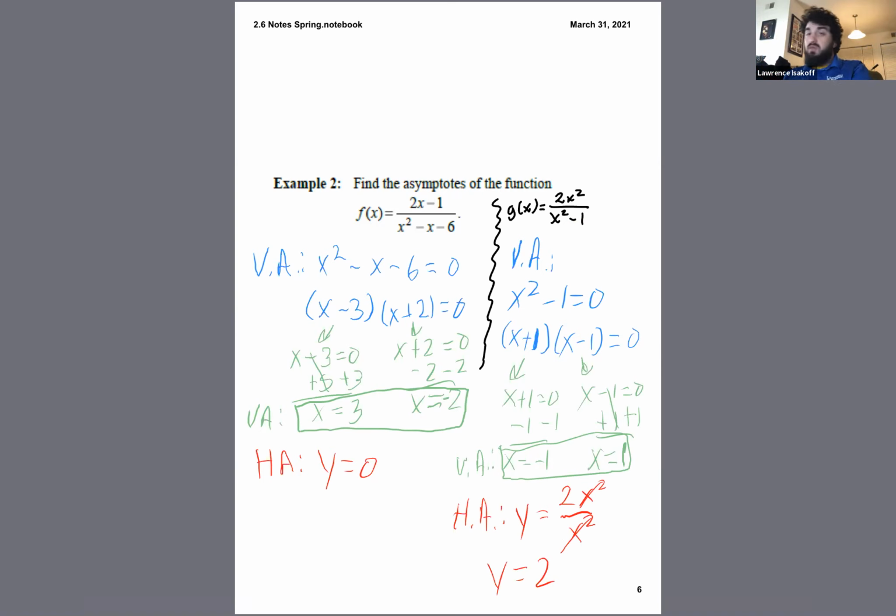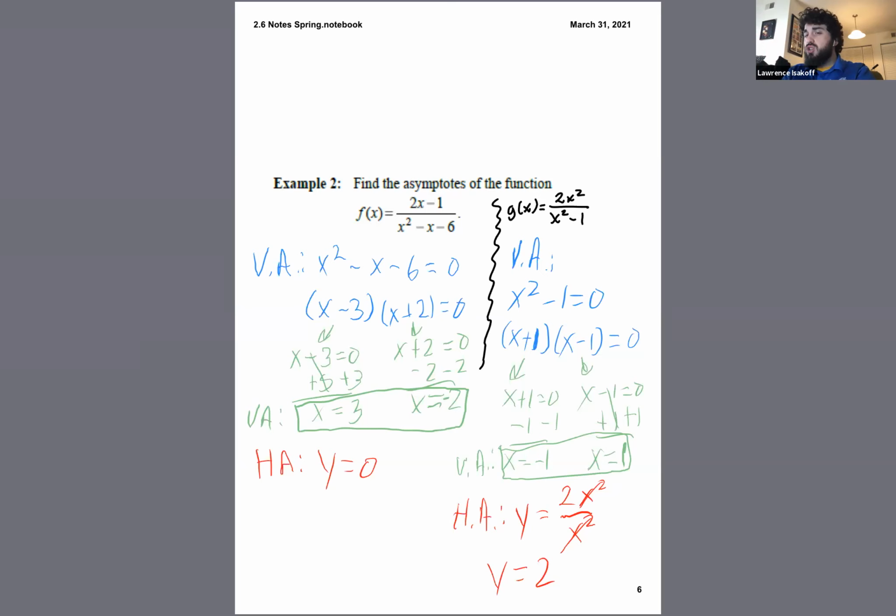I'm showing you how to find them mathematically because Desmos is great, and if you know how to find them mathematically, Desmos can be an incredibly powerful tool to help you see what's happening. However, Desmos doesn't tell us the asymptotes.